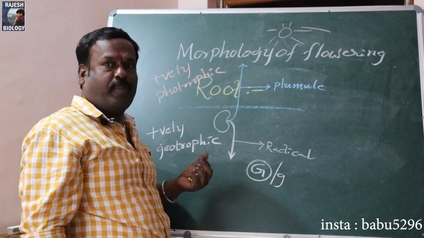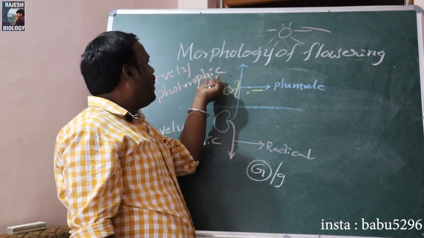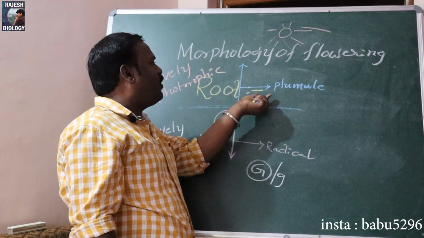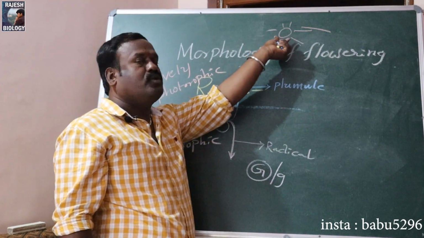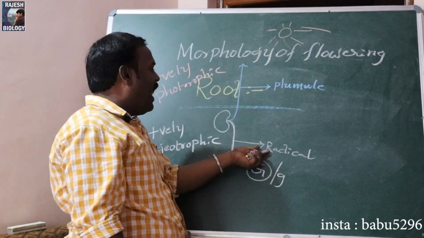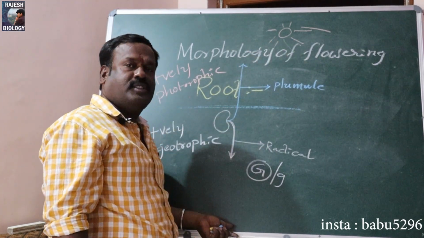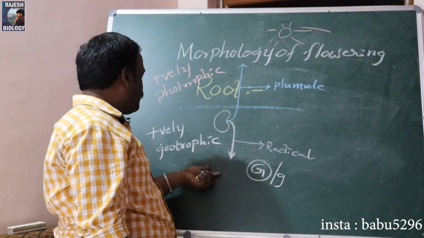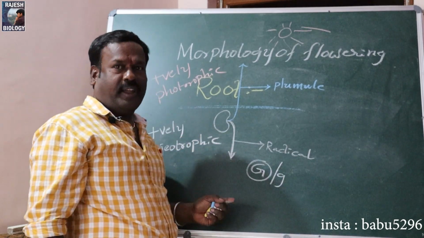Why can we call it positively phototropic? Because the plumule grows towards the sunlight. And the radicle grows towards the gravitational force. This is called positively geotropic.